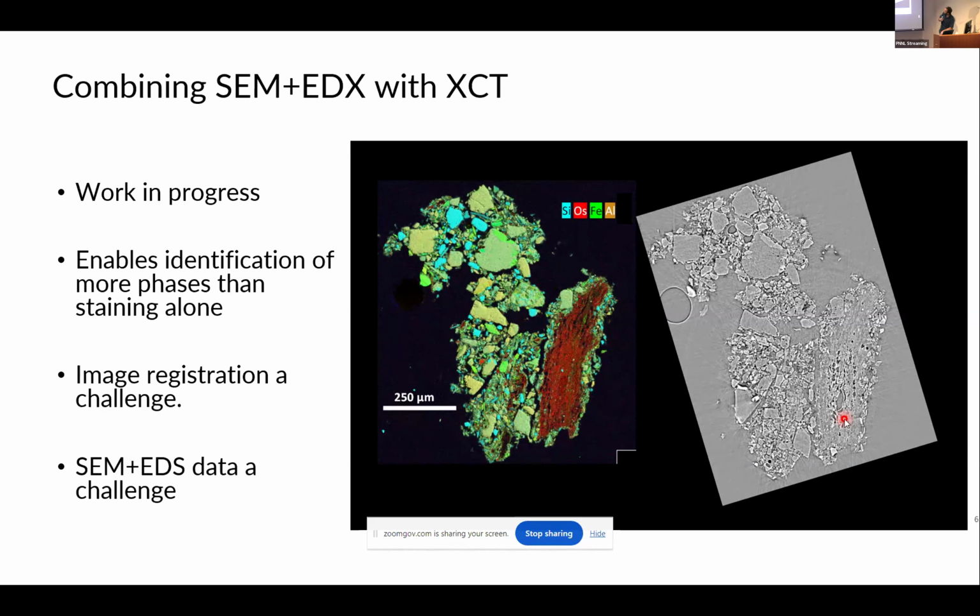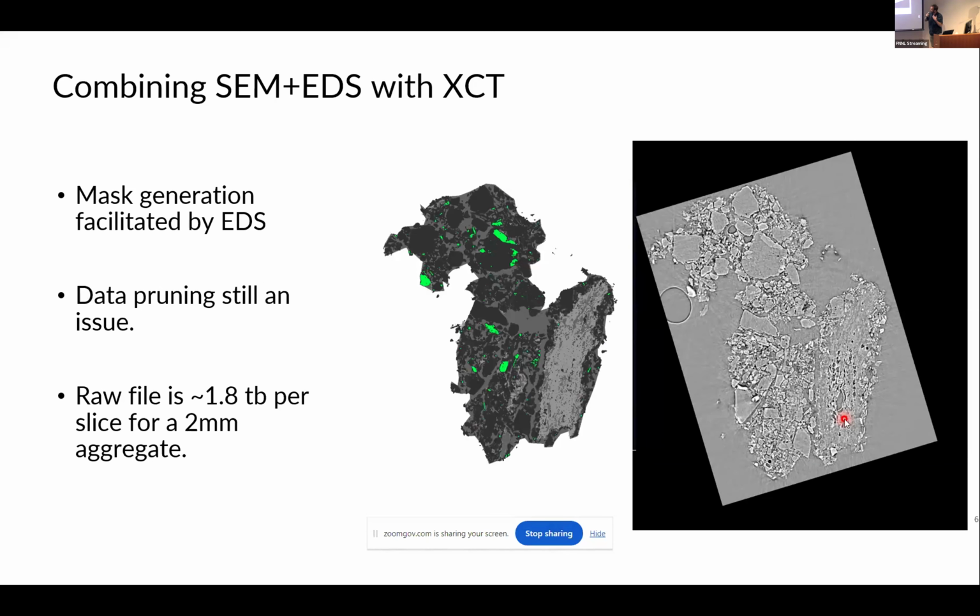Let me keep going. I see this being really possible. I would love to train off of the masks that are generated by the SEM EDX, but I'm actually also okay not using those masks for training and continuing to hand annotate aggregates, using those masks to confirm what I'm annotating, right? I don't need perfect alignment, but I know that this piece right here is organic matter.